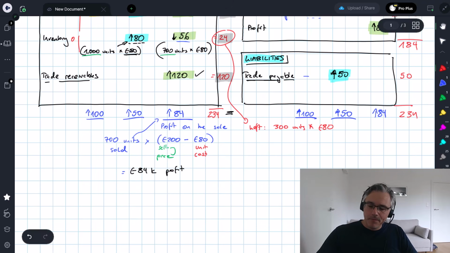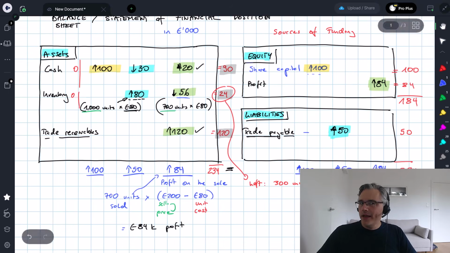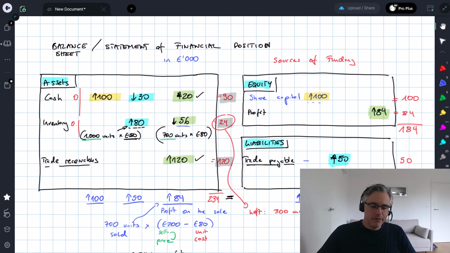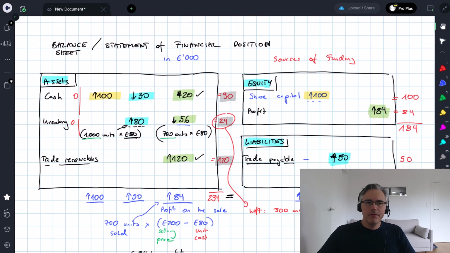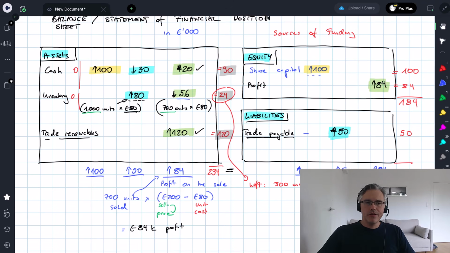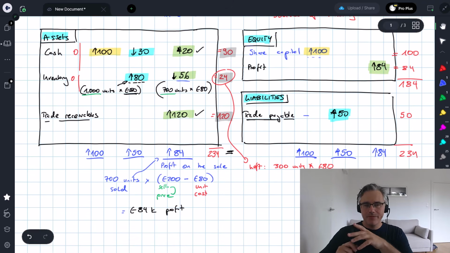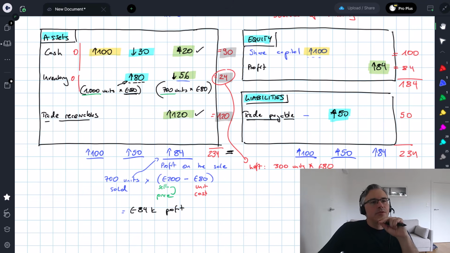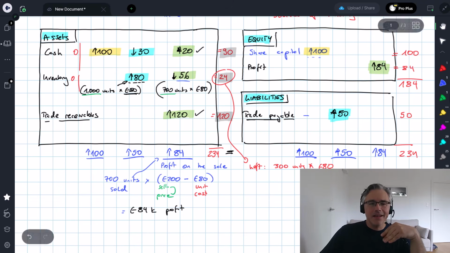Now, this is more or less how we think when we look at the balance sheet, or think in balance sheet terms. And I now want to link this, and this is going to be a very important linkage, to the P&L, the income statement.